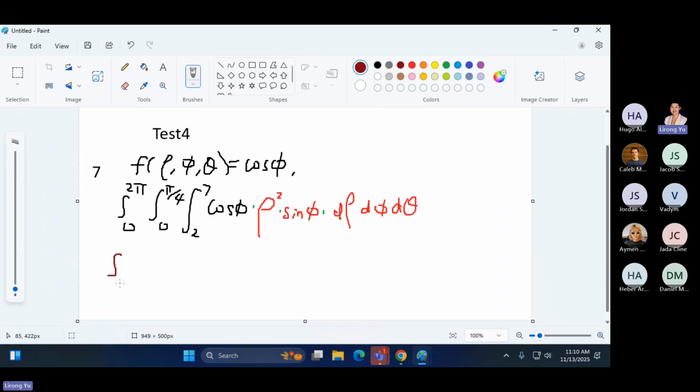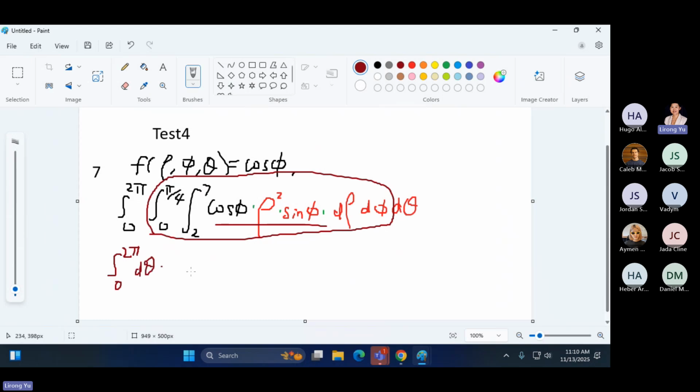So theta is 0 to 2 pi. And in the integrand, there's no theta. So no matter how you do it, the inner layer will be a single number. When you're done, that's the number when you finish the calculation. So this number can be written out. Essentially you're doing the integral from 0 to 2 pi of d theta. So that means theta can be separated from the rest of the integration.